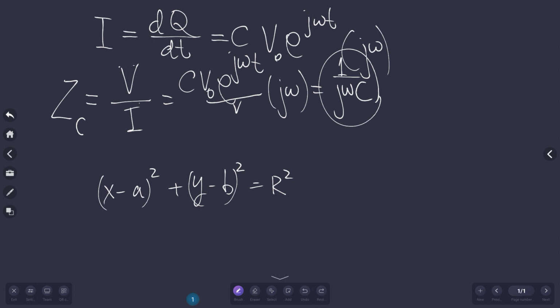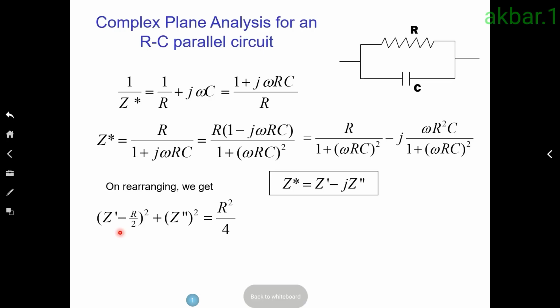On a plot, what shape would this be? That's exactly what it is. This is an equation of a circle. As you can see, the center of that circle will be on the real axis at a value of R over 2, on the imaginary axis at a value of 0, and the radius of the circle will be R over 2.